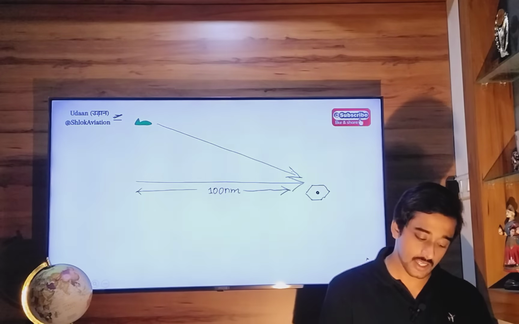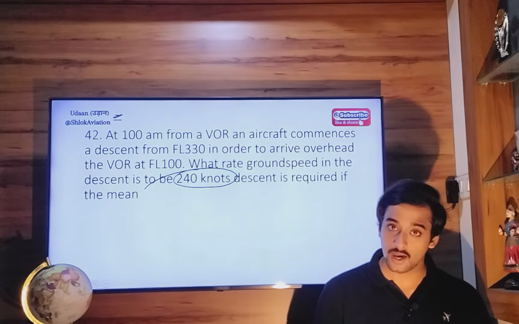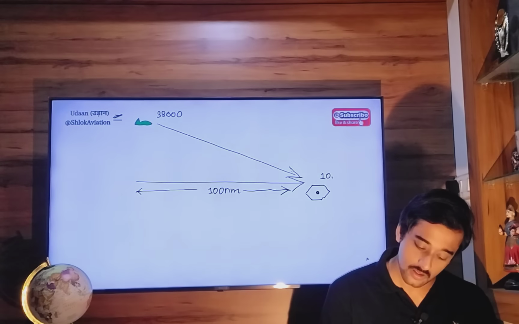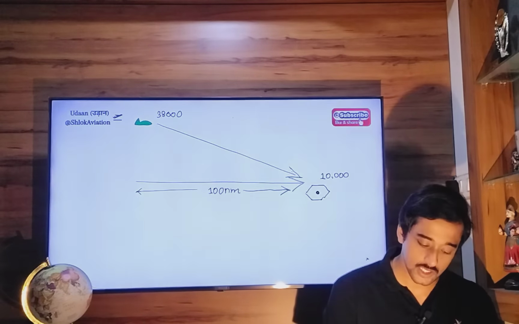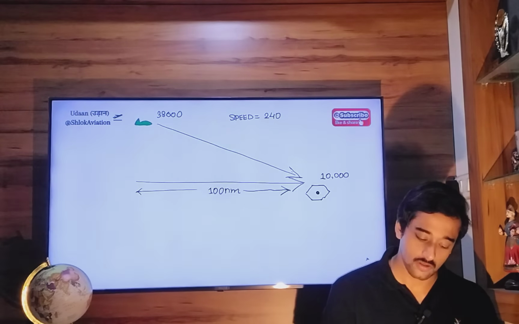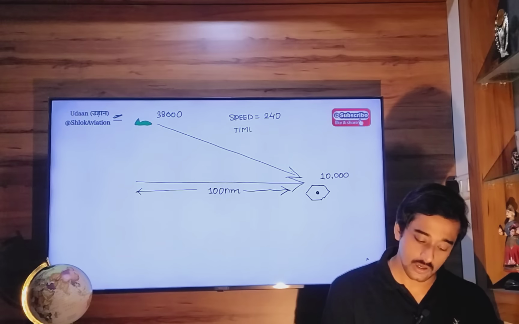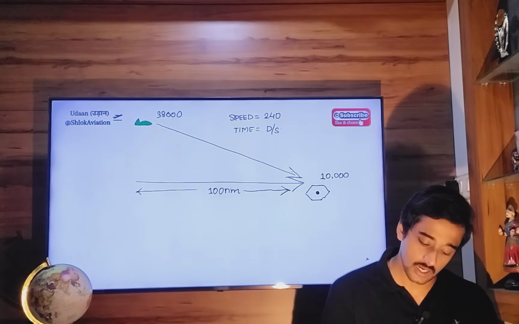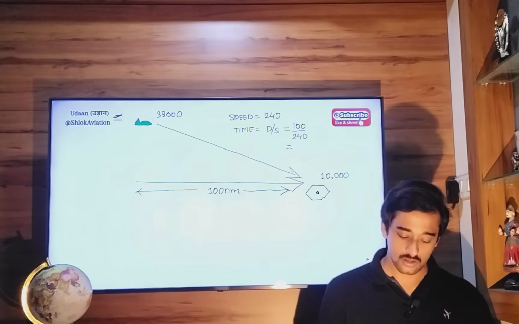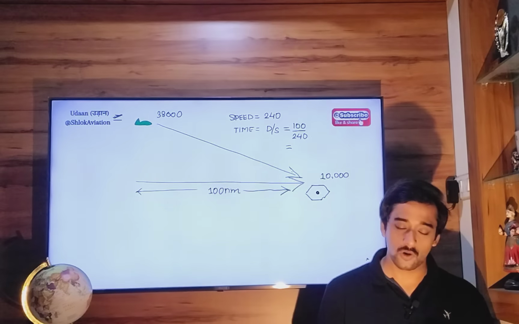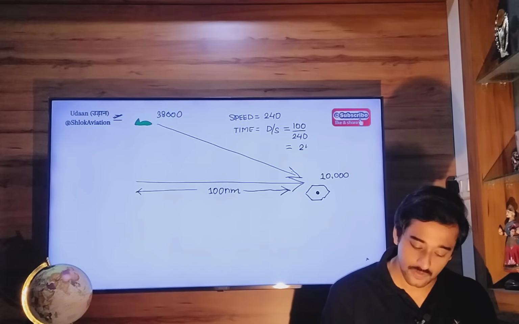Aircraft is at 33,000 feet. The VOR station is at 10,000 feet. The speed of your aircraft is 240 knots. The time will be equal to distance divided by speed. So 100 miles divided by 240 is 0.41 hours, or 25 minutes.